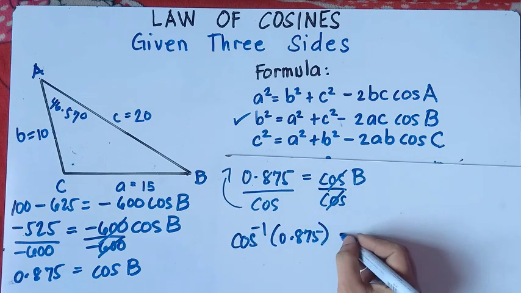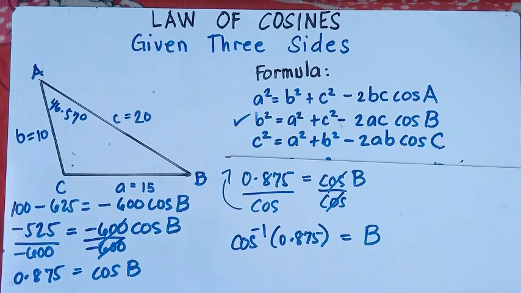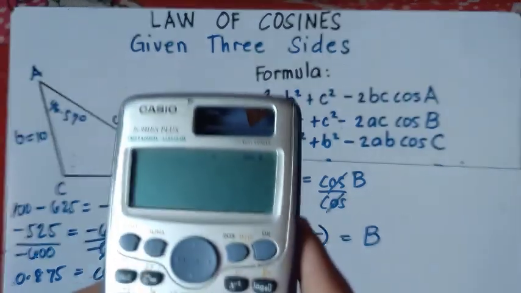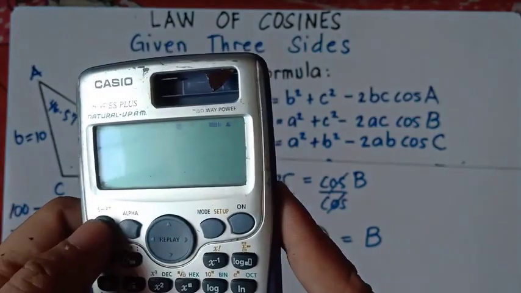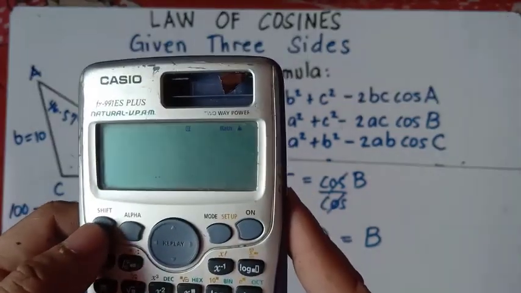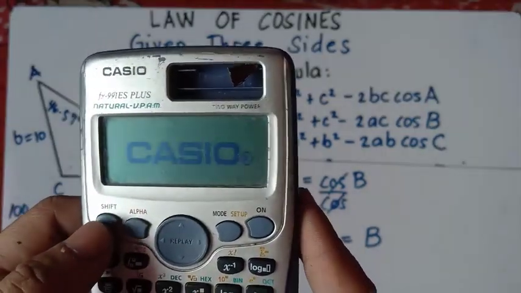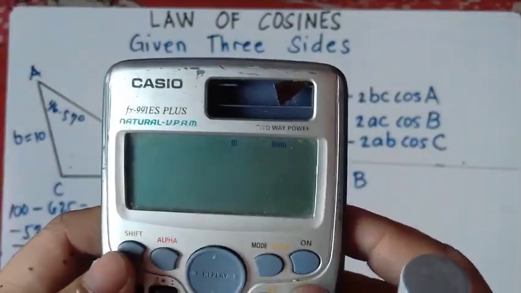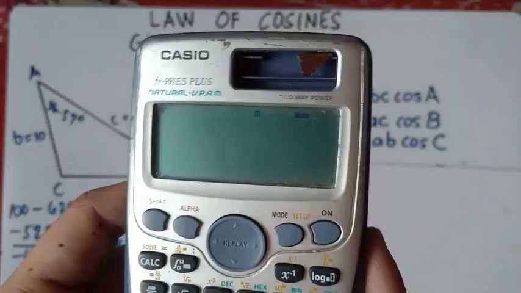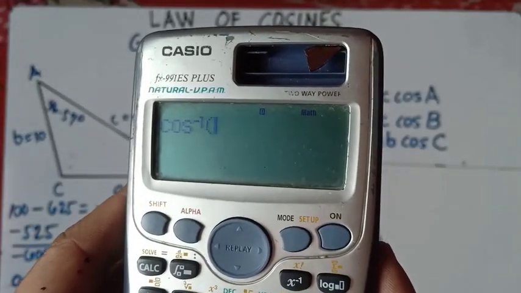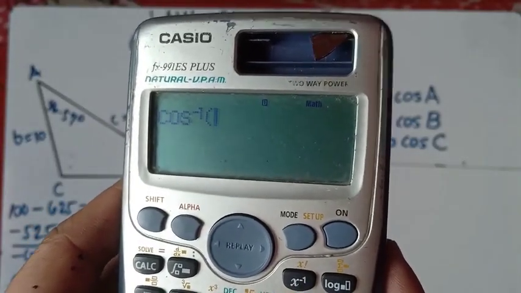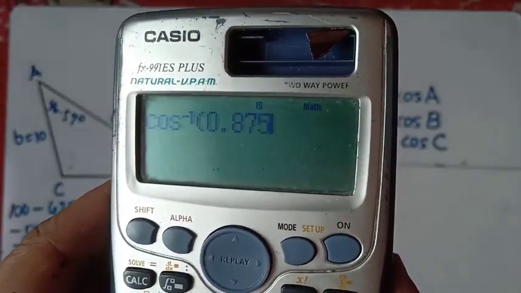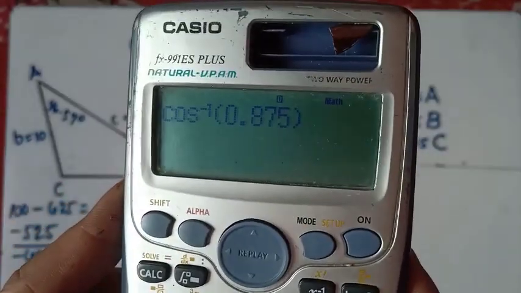0.875 equals B. So to get this, simply press your calculator, shift, then cosine. So you will get inverse cosine, open parenthesis, 0.875, close parenthesis.